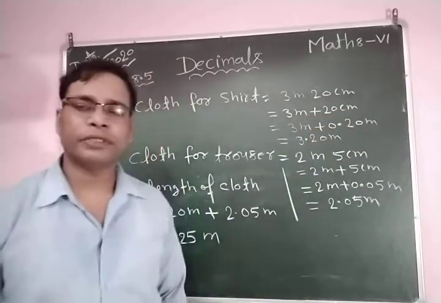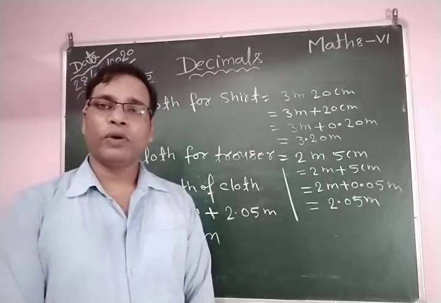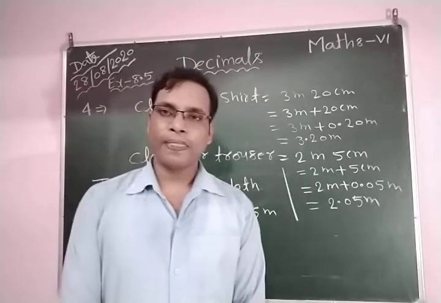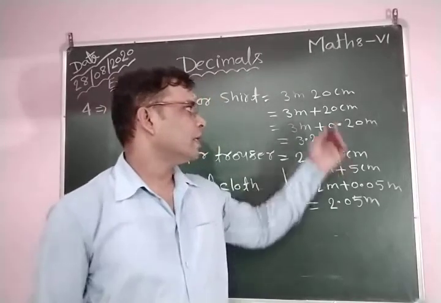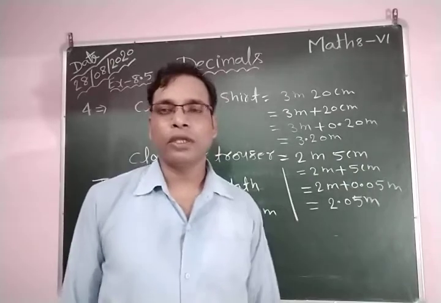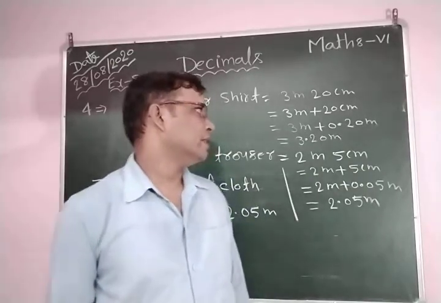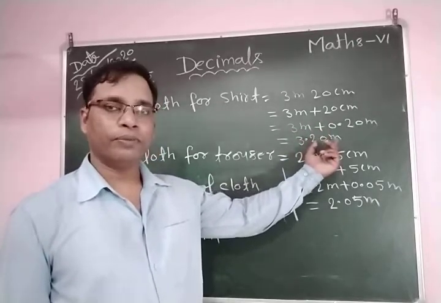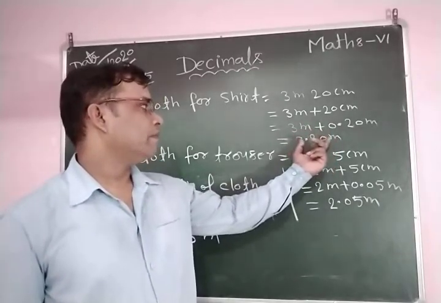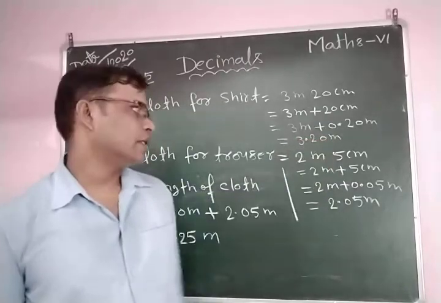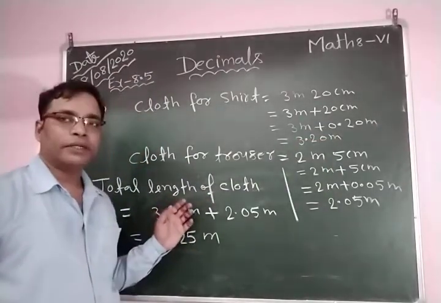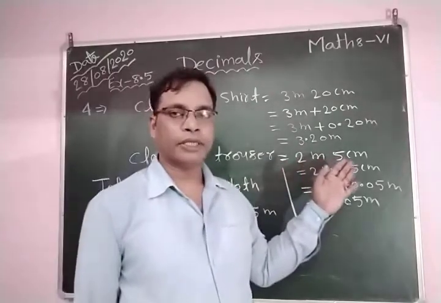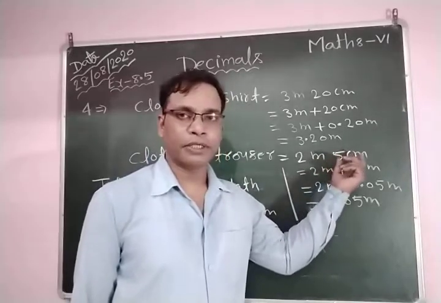For this we know that 1 meter is equal to 100 centimeters, or 100 centimeters is equal to 1 meter. So here we have 20 centimeters, which is equal to 0.20 meter. Then we sum them and obtain 3.20 meters. This is the length of cloth for the shirt. And here she also bought cloth for the trouser, which is 2 meter 5 centimeters.